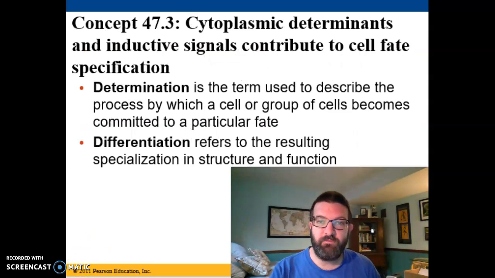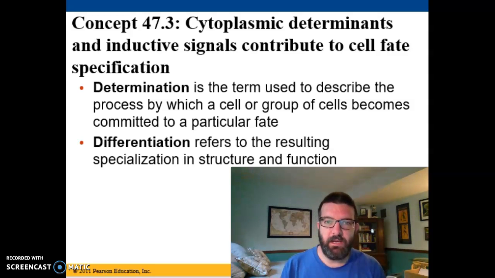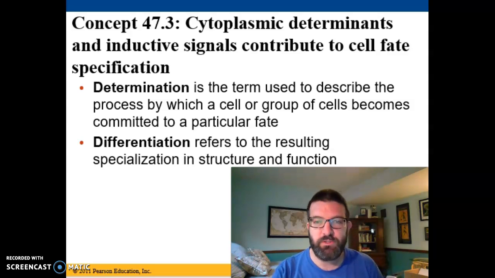As you are undergoing development, your cells will undergo determination. Determination is the process by which they are committed on a particular fate of development. And then differentiation is the process by which they specialize themselves in structure and function. So, the analogy your book uses, determination is like declaring a major in college, right?